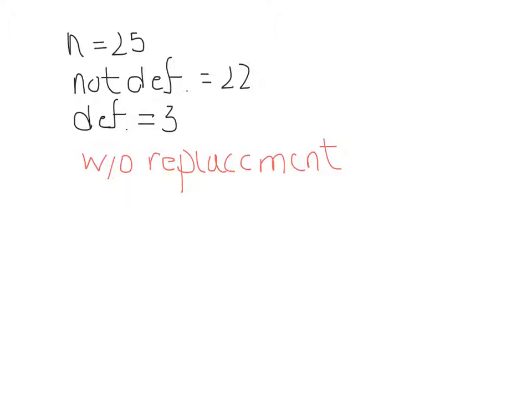So the first part that I pick has one of two options. Either it is defective or it is not defective. And we know that the probability that it is defective would be equal to 3 out of 25, because only 3 of the total number in the box are defective.